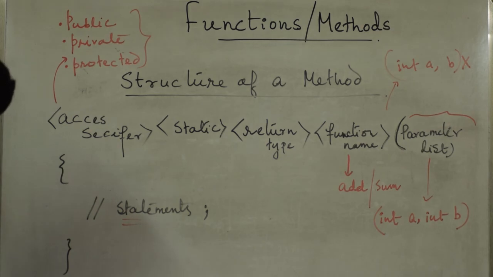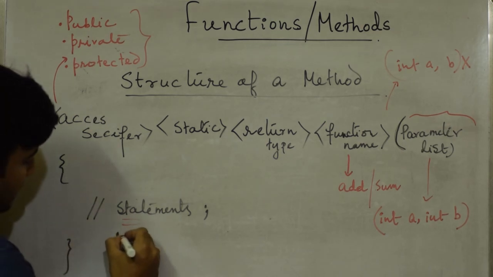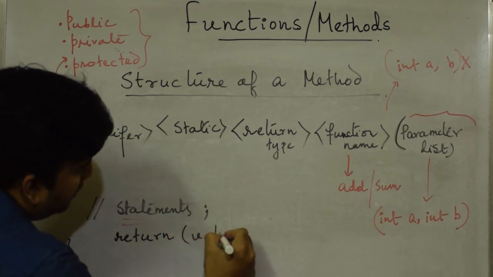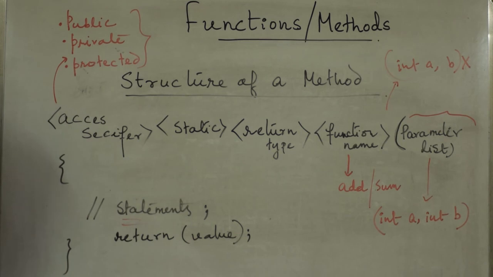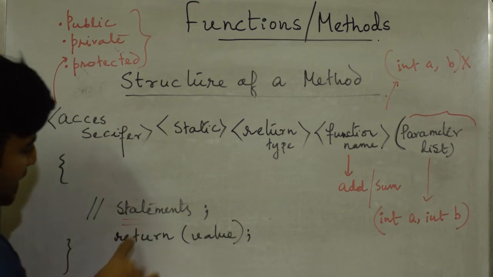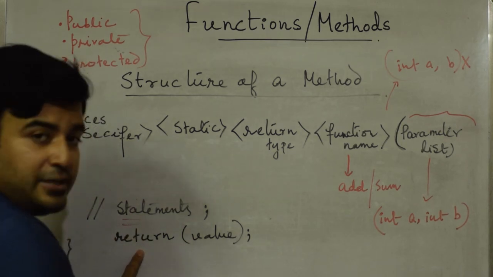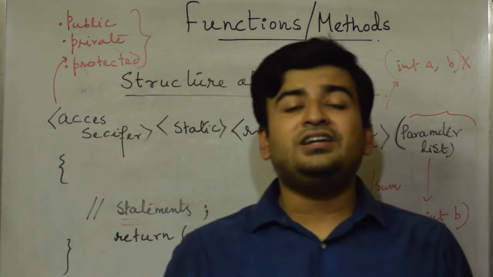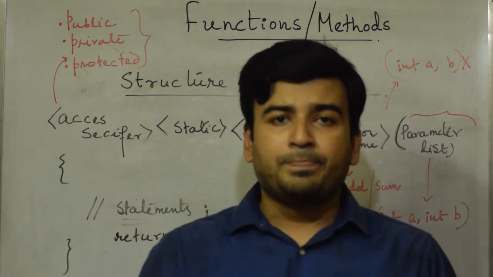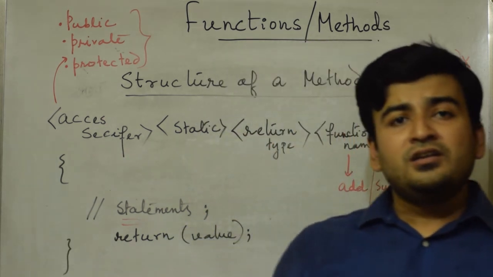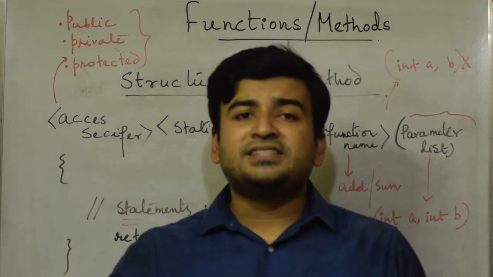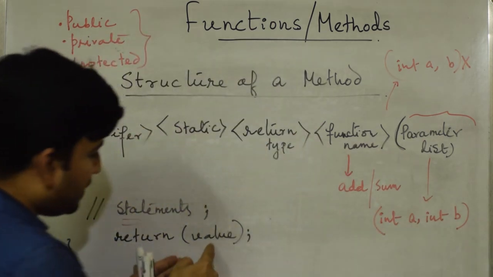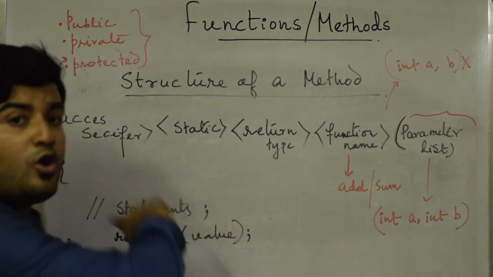After the statements, another important part is that we have to write here a return statement, and then the value. Remember that. Now what is the function of a return statement, or why do we use it? Return is a statement that sends back the value to the caller program.